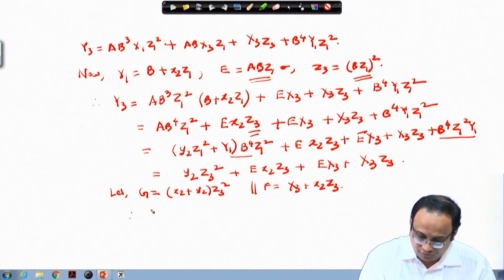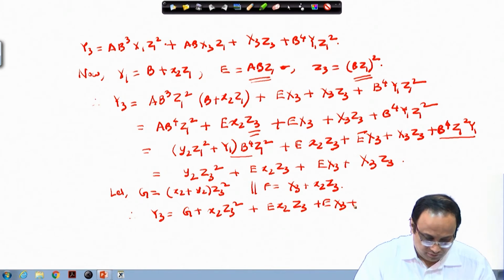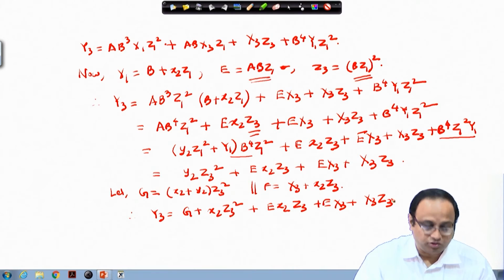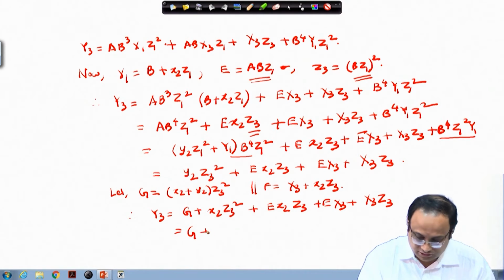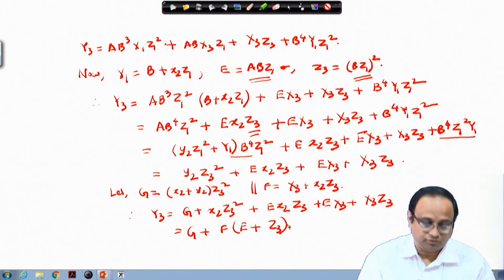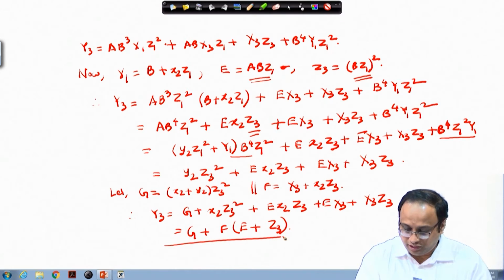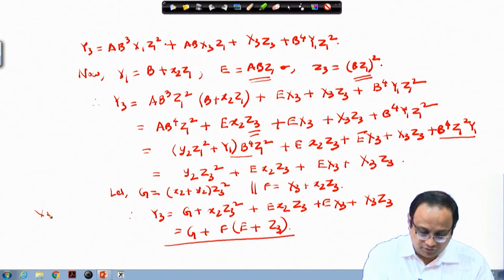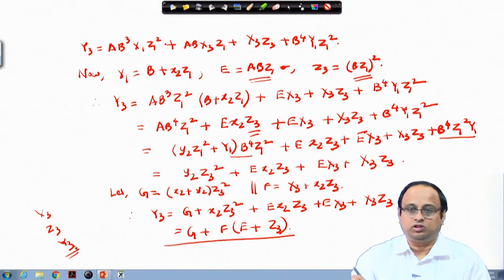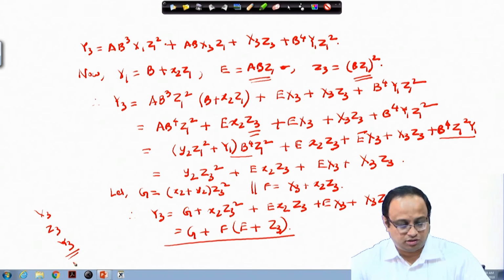With this I can write that y3 is equal to g plus x2 z3 square plus e x2 z3 plus e x3 plus x3 z3, and that is equal to g plus f into e plus z3. Okay. So, that gives you the final equation for y3. So, we already had x3, we had z3, and now we also can calculate y3. So, we have basically all the components for the addition equation.